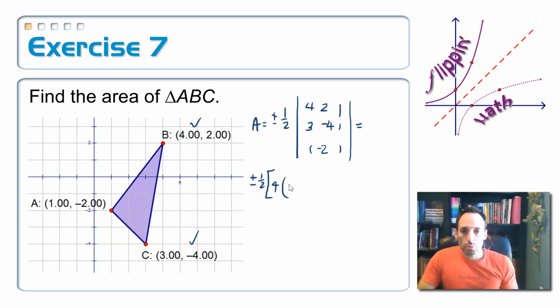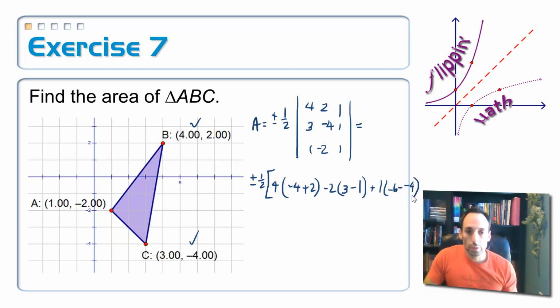The -4 times 1 is -4. -2 times 1 is, it's minus a -2, so plus 2. It's positive, then it's a minus, pull out a 2 from that second element, and then cross out the row and the column. It's going to be 3 times 1 minus 1 times 1 is 1. Plus, now pull out the number 1 here, cross out the row and the column. 3 times -2 is a -6, minus 1 times -4 is a -4.